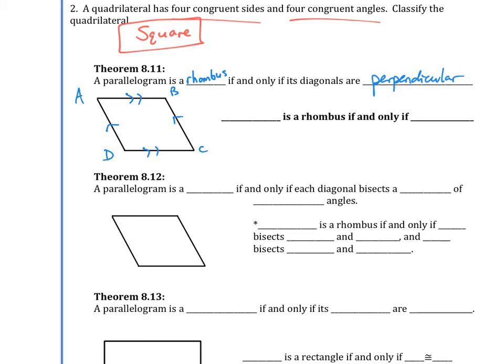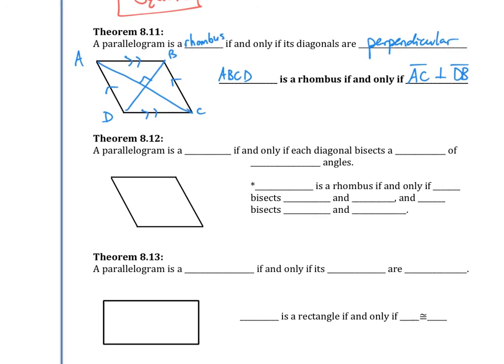So this would be A, B, C, D is a rhombus if and only if these 2 diagonals are perpendicular. So if and only if segment AC is perpendicular to segment DB. So in a rhombus, the diagonals are perpendicular.